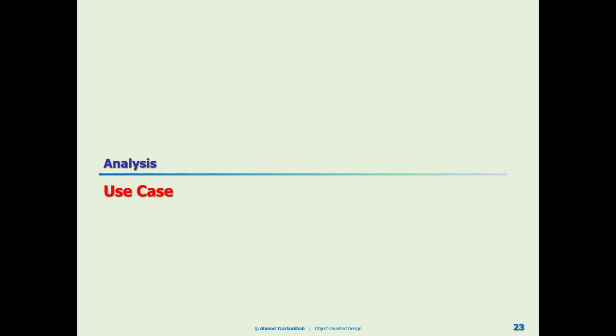Okay, now let's talk about the use case. What is use case? So we said that our software is going to give the client some benefits, right? Or some services, right? So we should be able to enumerate all of these benefits somewhere.